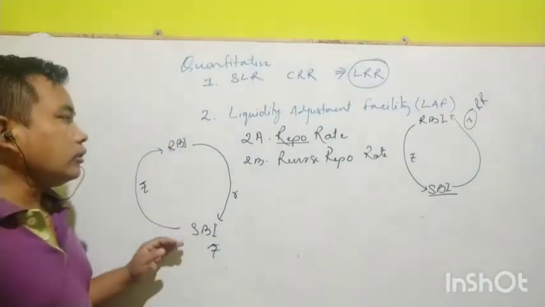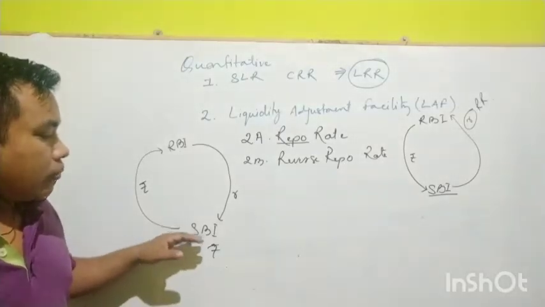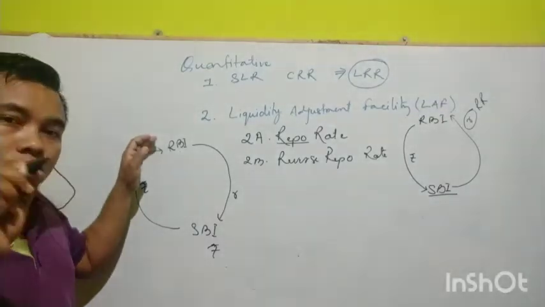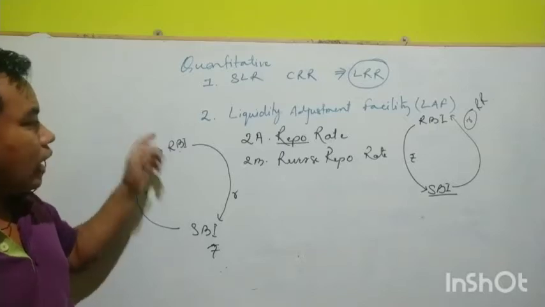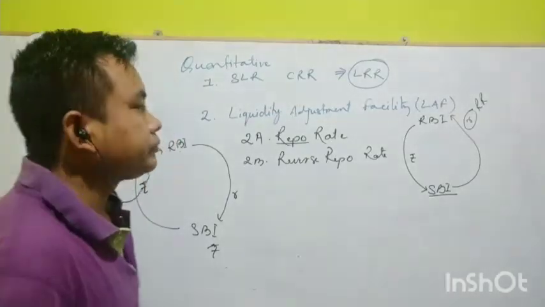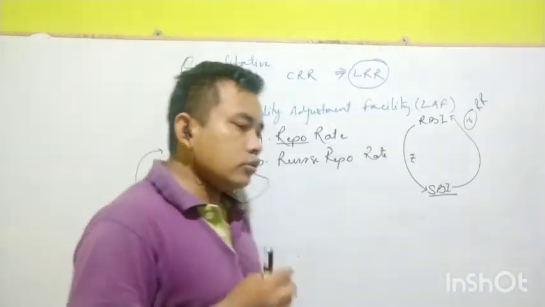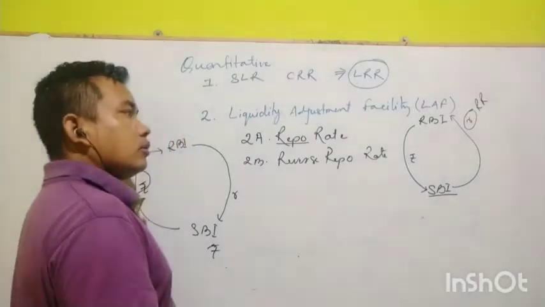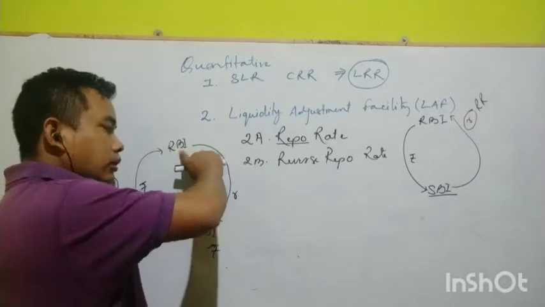On the other hand, in case of the reverse repo rate, the commercial bank has excess money and keeps it with RBI, so the interest rate is comparatively low. Now repo rate and reverse repo rate are to some extent opposite. In repo rate, the commercial bank pays interest to the central bank; in reverse repo rate, the central bank pays interest to the commercial bank.